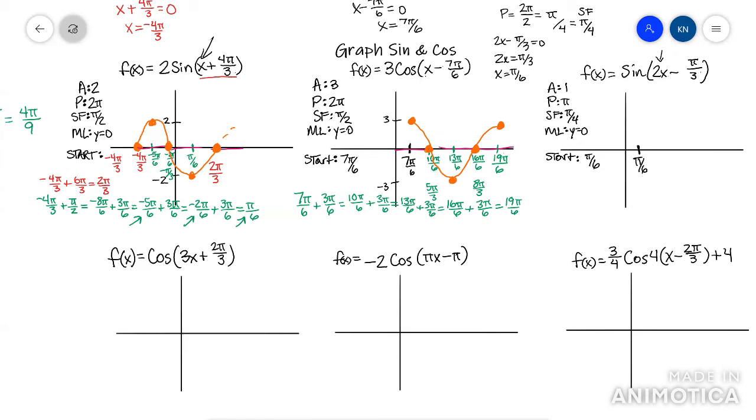Now I'm going to be adding my scale factor over and over and over again. But these don't have a common denominator. So be careful here because you're going to have pi over 6 plus pi over 4 over and over. Well, pi over 6 is really 2 pi over 12. And you're going to be adding 3 pi over 12 over and over. So my first one's at 5 pi over 12.